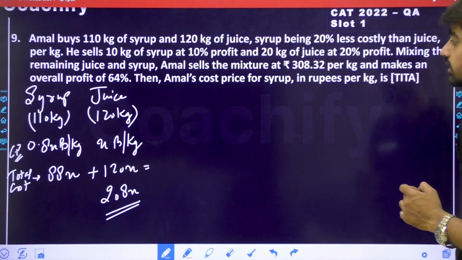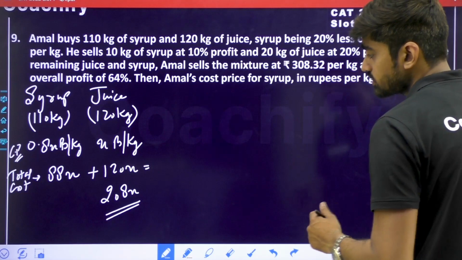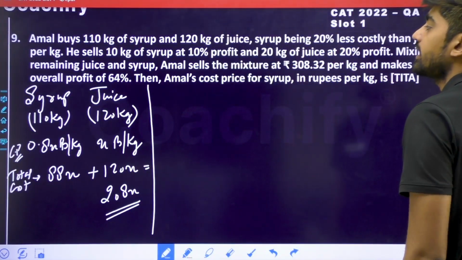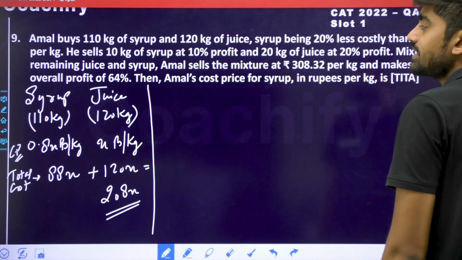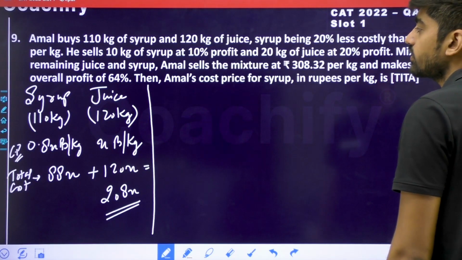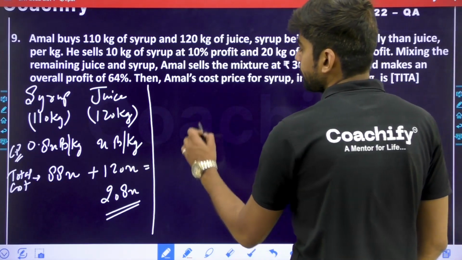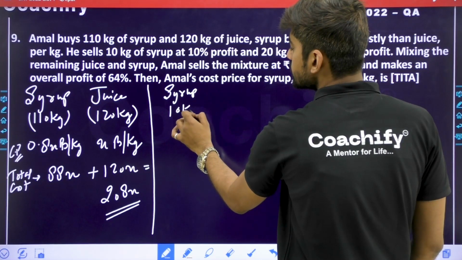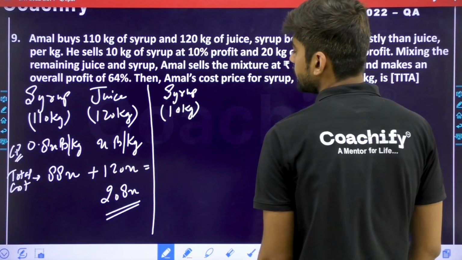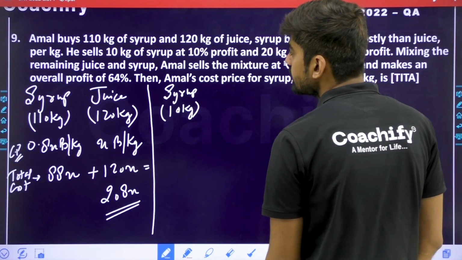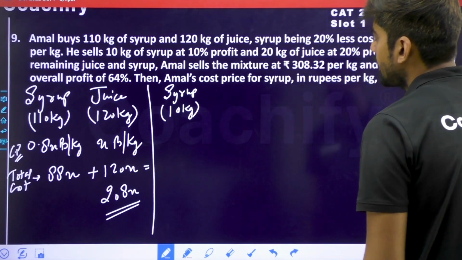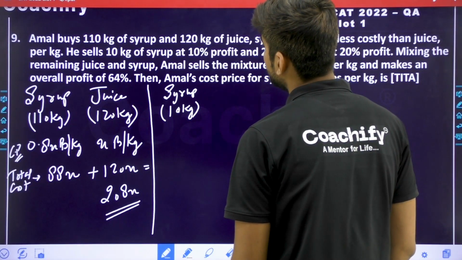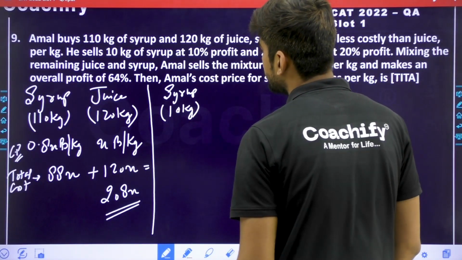Next, the question says he sells. So this was my cost section. Now let's solve the selling side as well. The question says he is selling 10 kg of syrup at 10% profit. If I take 10 kg of syrup separately, my cost price is 0.8x for syrup per kg, and I'm having 10% profit.